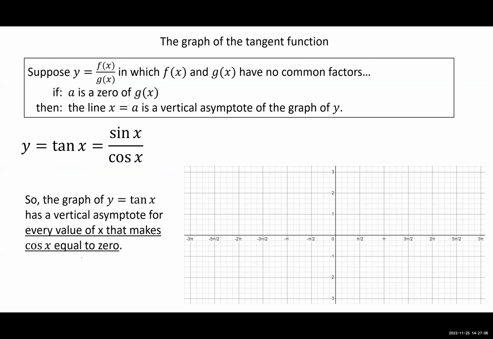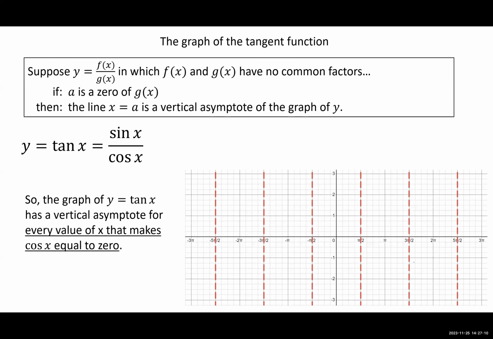And since that happens every time the cosine is 0, we actually get these infinitely many asymptotes. The cosine of pi over 2 is equal to 0. The cosine of 3 pi over 2 is also equal to 0. The cosine of 5 pi over 2, the cosine of negative pi over 2, 0. Cosine of negative 3 pi over 2, negative 5 pi over 2 is 0.